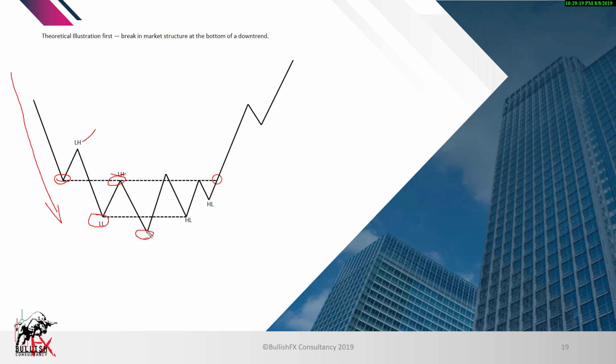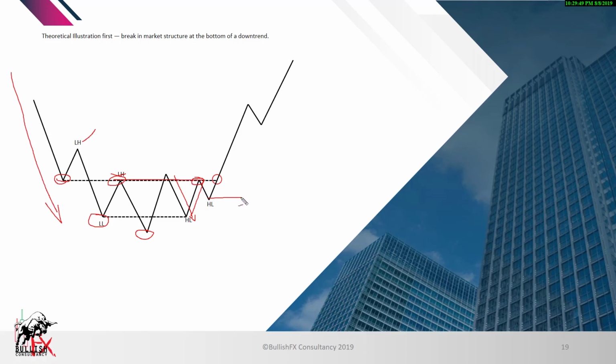Then we've got a lower low here, but price violates the previous lower high and then doesn't form another lower low. You can see there's no lower low when market dips down again, then it pushes further, doesn't form another lower low. In fact, price is at the same price area.